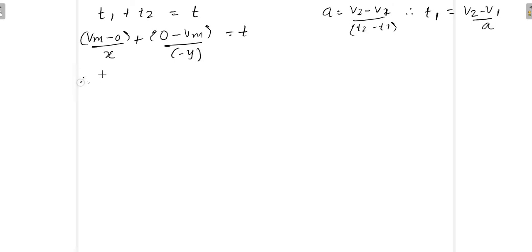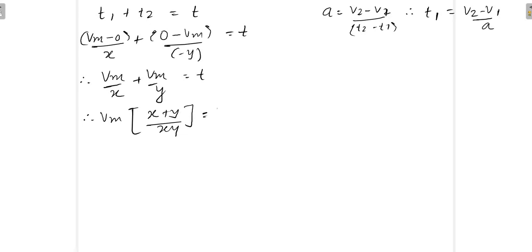So if I simplify, Vm divided by x, minus minus will get cancelled, plus Vm divided by y is nothing but t, right? So if I take Vm common, I get x plus y divided by xy is equal to t. Or can I not say the expression for Vm is nothing but xy divided by x plus y into t, right?